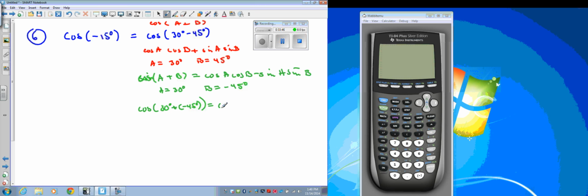Then this is going to be cosine of 30, cosine of minus 45, minus the sine of 30, sine of minus 45.